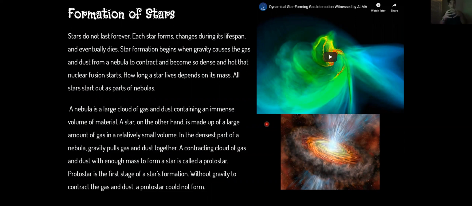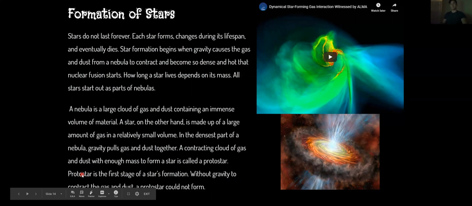Gravity pulls it together. The hydrogen atoms fuse together with so much gravity and pressure, going through thermonuclear fusion to make helium atoms, and that's what makes the sun. Once it does that, it becomes a protostar, which is the first stage. When our star first formed, it was a protostar.